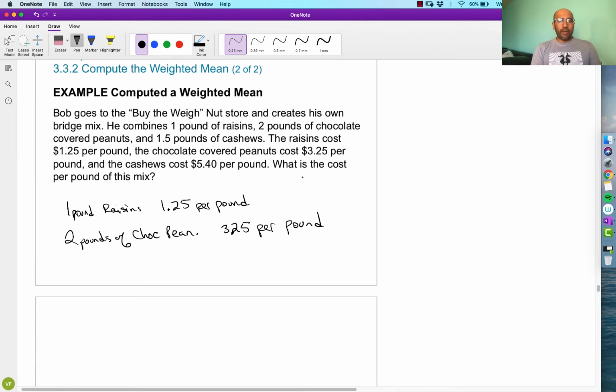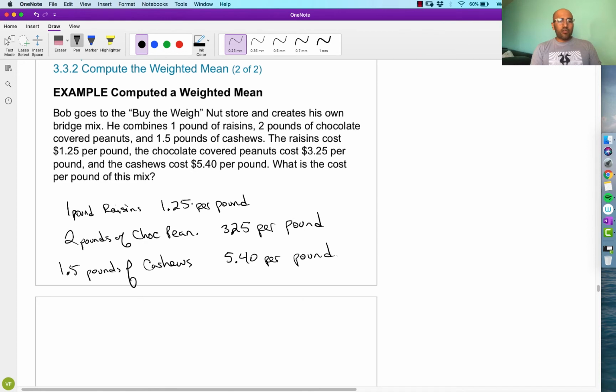And finally, we have cashews. We had 1.5 pounds of cashews, and the cashews cost $5.40 per pound. Okay, so these are all the values we're going to need.